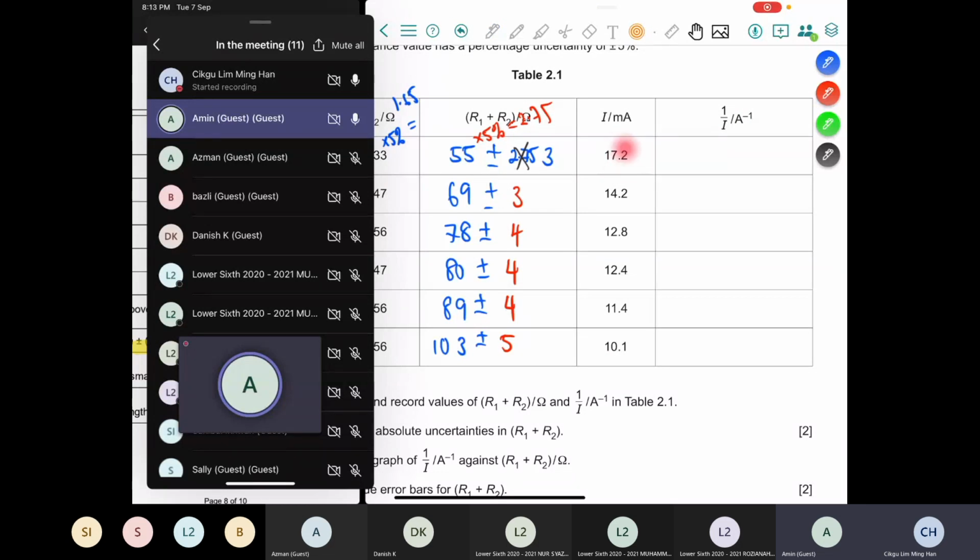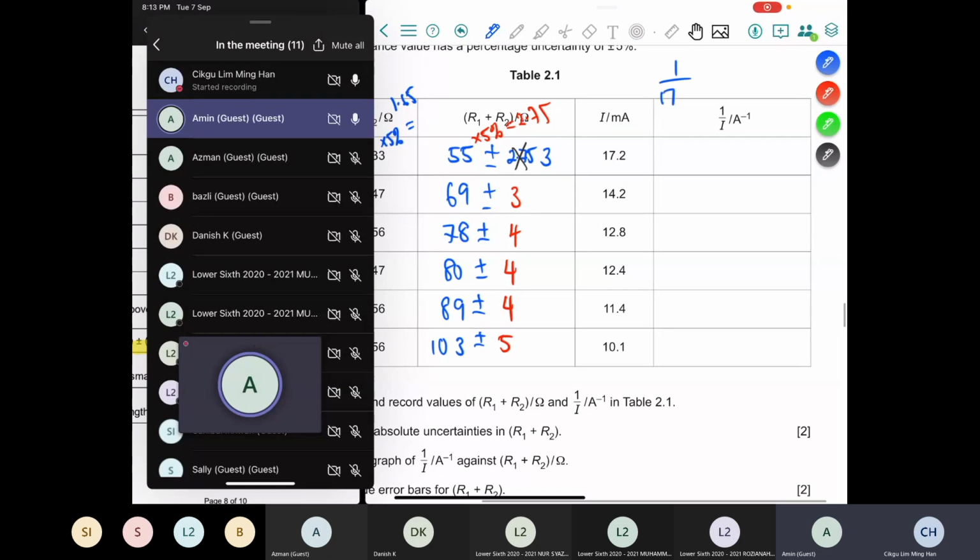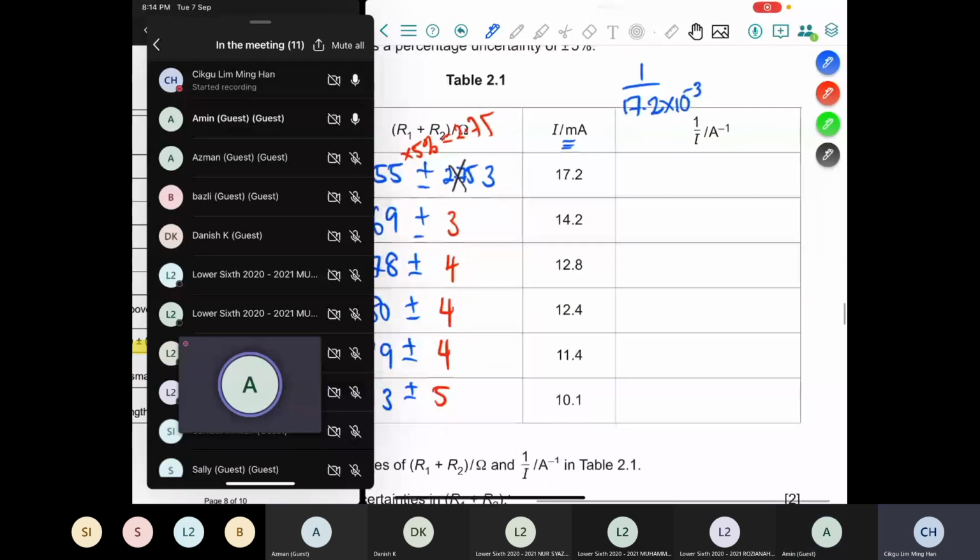So we put 1 over 17.2, but we need to times by 10 to the power of negative 3, because the previous column is in milliampere. Oh, okay. Thank you. You are correct. Thank you again, Amin, for your clarification.